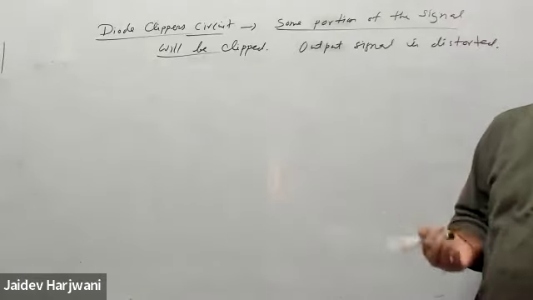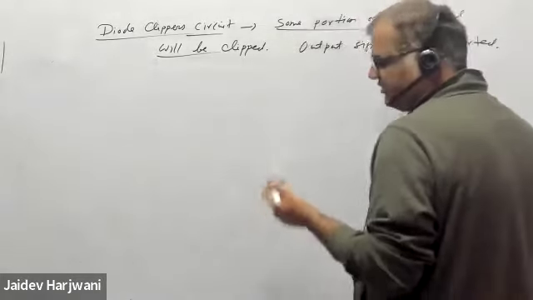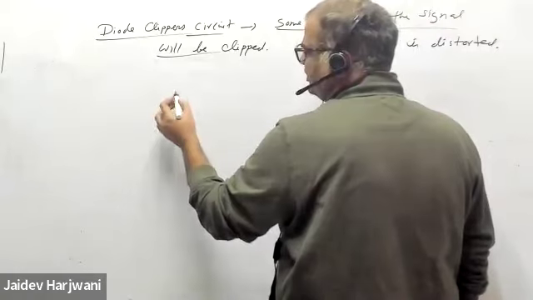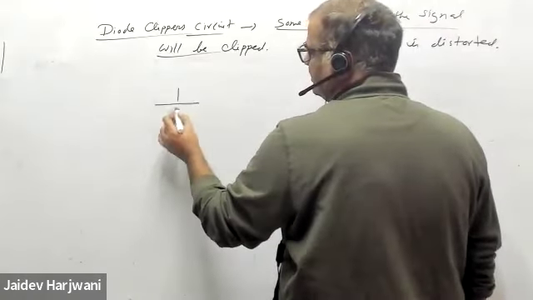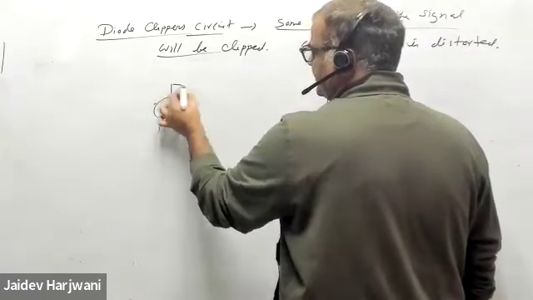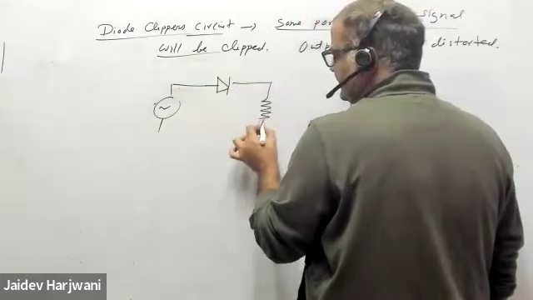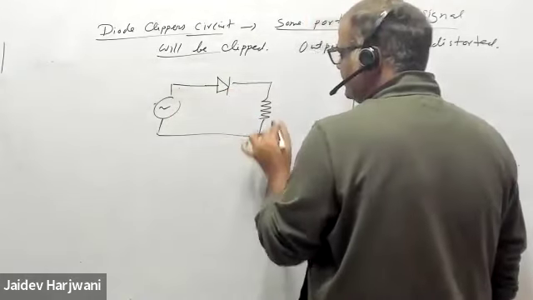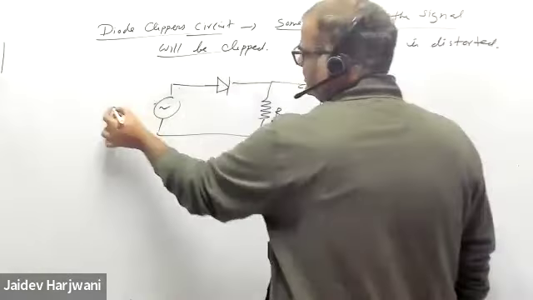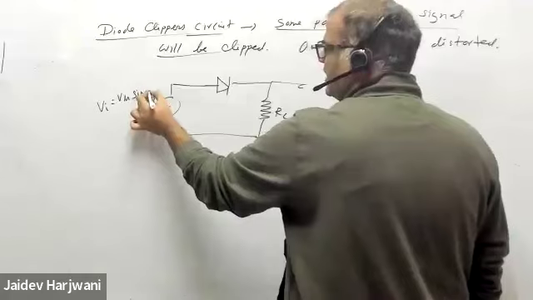Now the familiar example of a clipper circuit is the half wave rectifier, full wave rectifier. If you have a source, you're keeping a diode here, and you are measuring the voltage across this load RL. My V input is equal to Vm sine omega t.